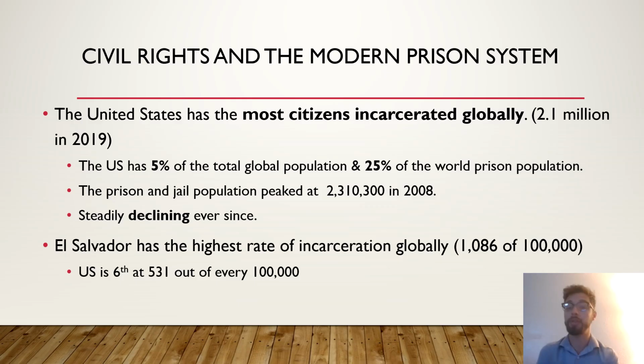The prison and jail population has peaked many years in our past, not many years. Well, to some of you in this class, this might be many years. It's right around when you were born. We see in the year 2008, 2.3 million individuals were incarcerated in the United States. In the year 2019, that rate has decreased to 2.1 million.